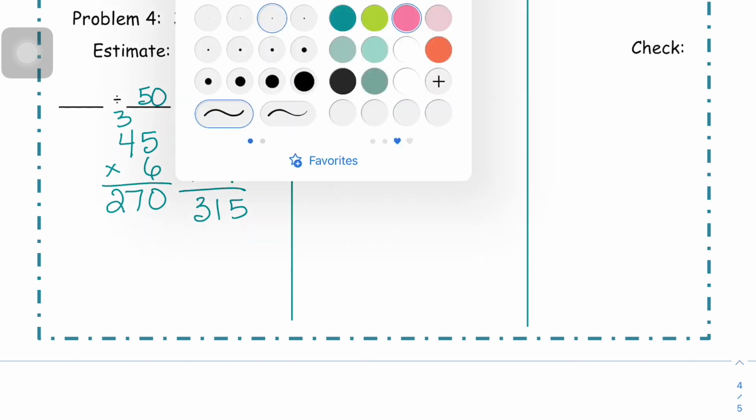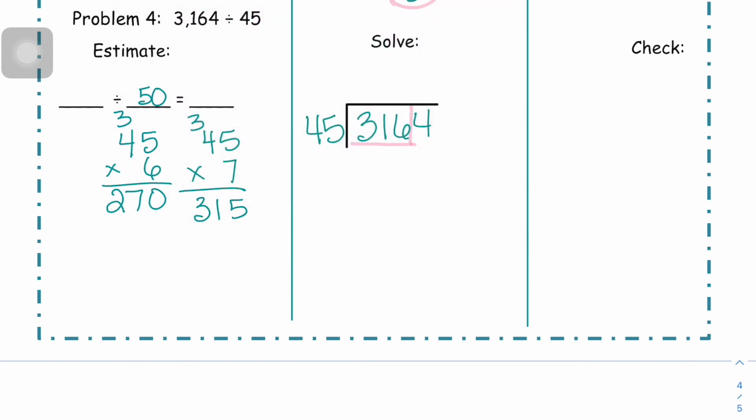So I've got 2 numbers that need to go into my division problem. A 7 and 315. So where do I write the 7? Remember, it's above the last digit in that box you made. And then 45 times 7 is 315.